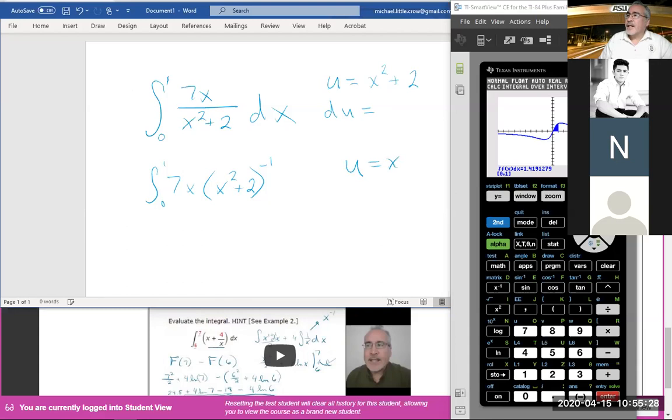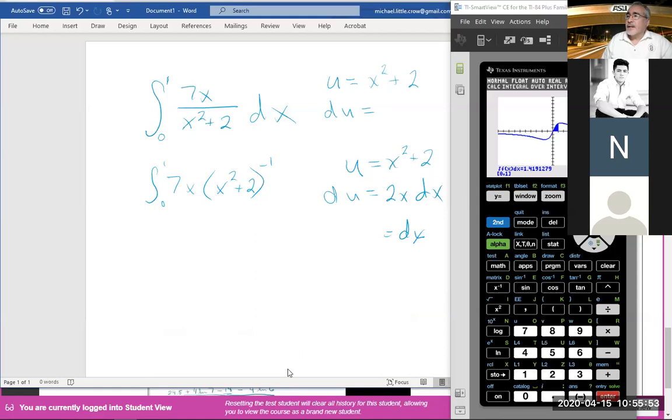So we would still let the substitution be this part, right? So then du is going to be 2x dx. Divide both sides by 2x, so dx is equal to 1 over 2x du.